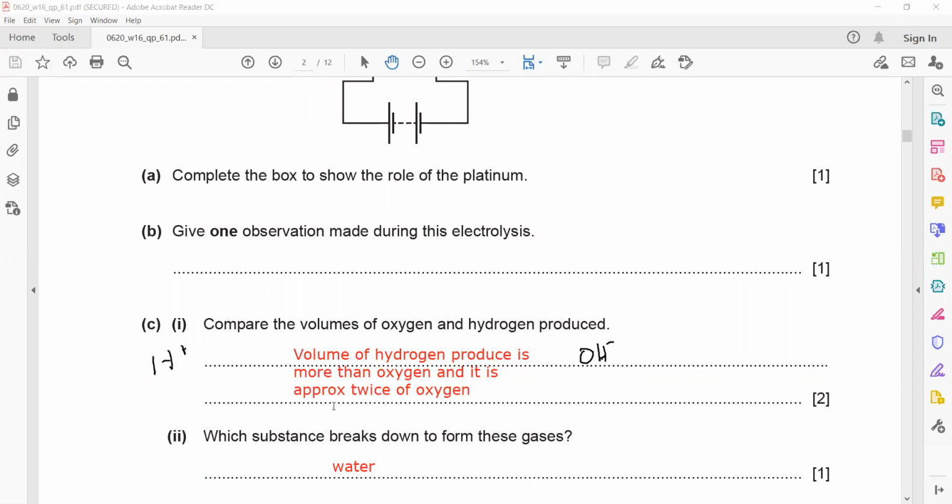Why is water the correct answer? Because the hydrogen ion is responsible for the formation of hydrogen gas, and hydroxide is responsible for oxygen. So which substance can give hydrogen and hydroxide ions? When you have H and OH, it results in the formation of H2O.